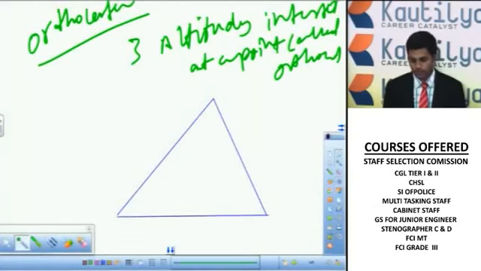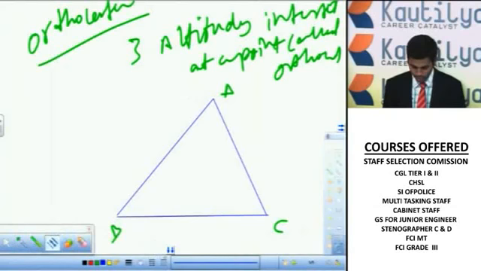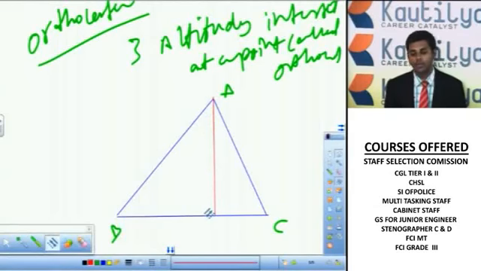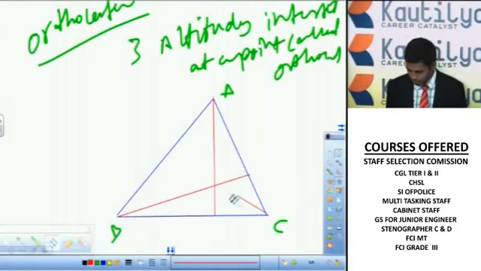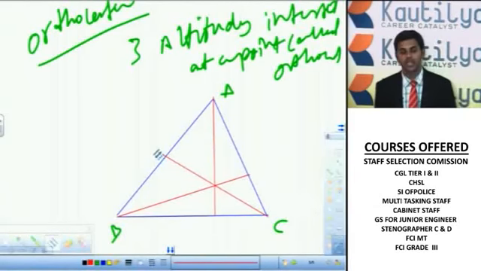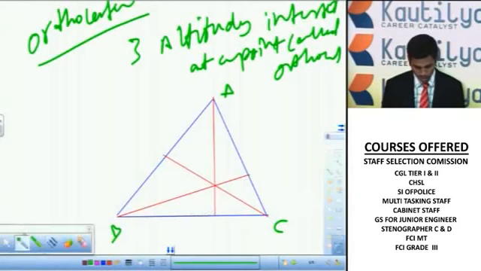So this is the triangle ABC. The altitudes for this particular triangle will be: this is the altitude from vertex A to side BC, and similarly this will be the altitude from vertex B to side AC, and this will be the altitude from vertex C to side AB.